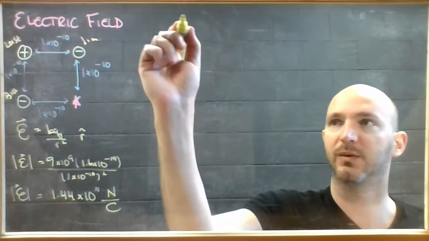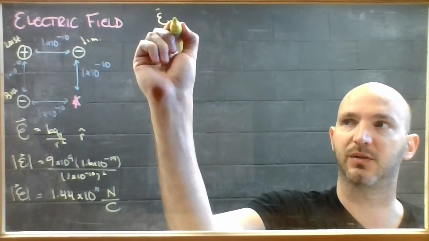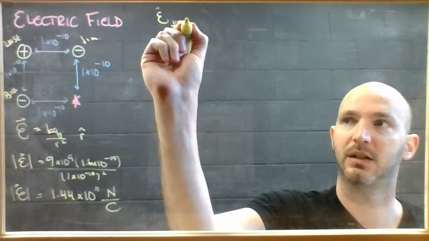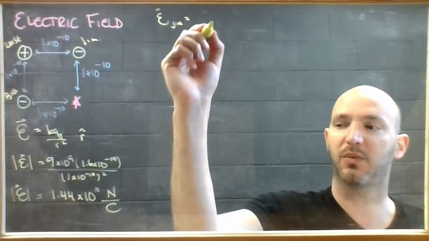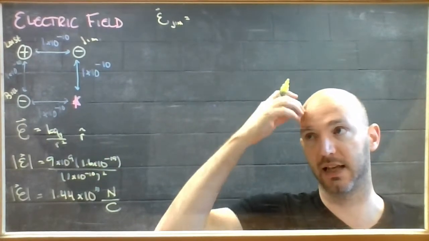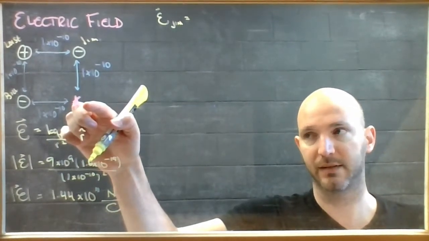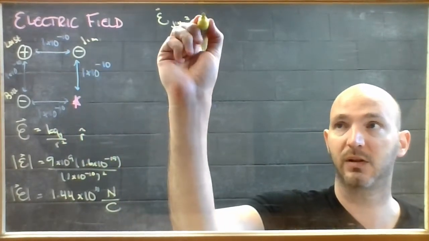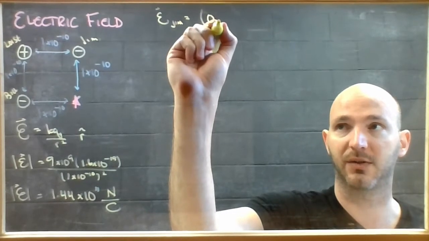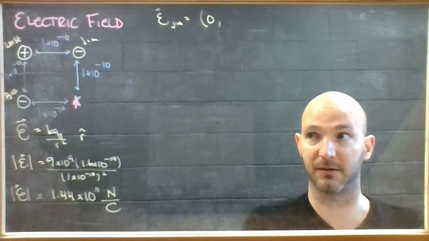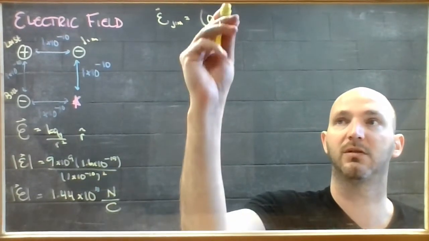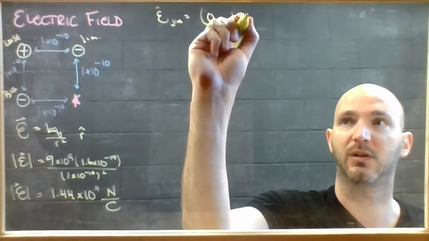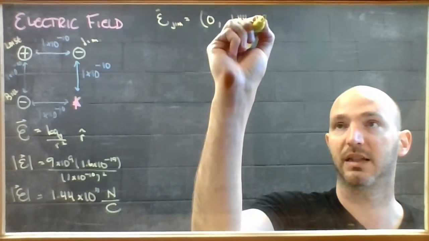Okay, so the electric field contribution from Jim is going to be 1.44 × 10⁻¹¹. But from this point, it's vertical, directly above or below. So I don't have any horizontal contribution, so I can put that in as 0. My vertical contribution is 1.44 × 10⁻¹¹.